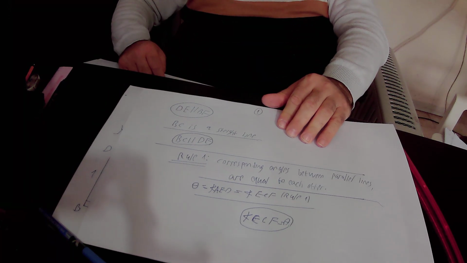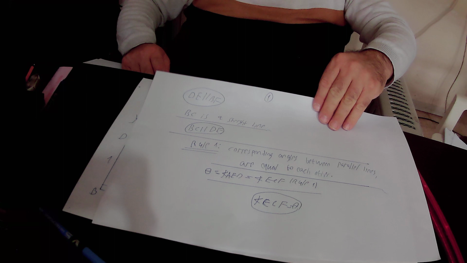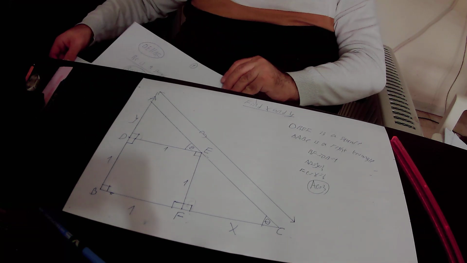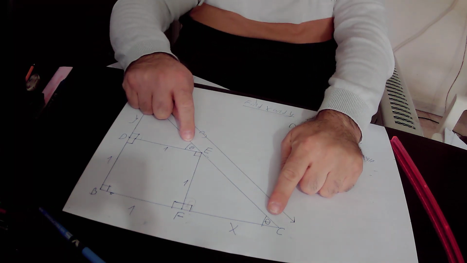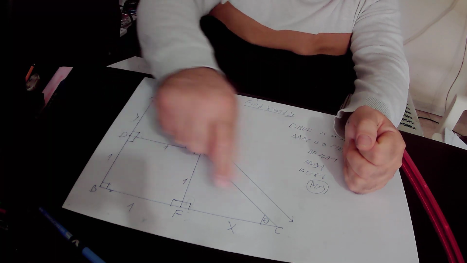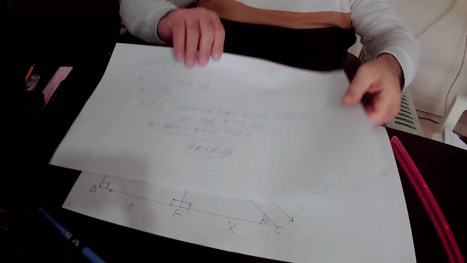And we have rule number 1 that corresponding angles between parallel lines are equal to each other. So here we have those two angles defined as corresponding angles, located between the parallel lines DE and BC. Therefore, they are equal to each other according to rule number 1. I repeat again.